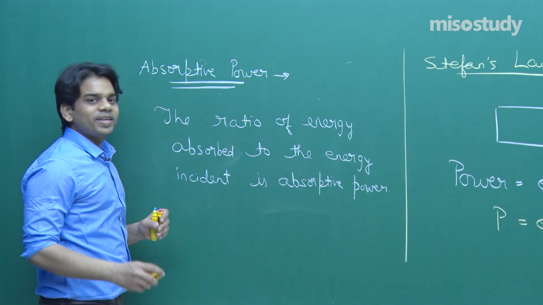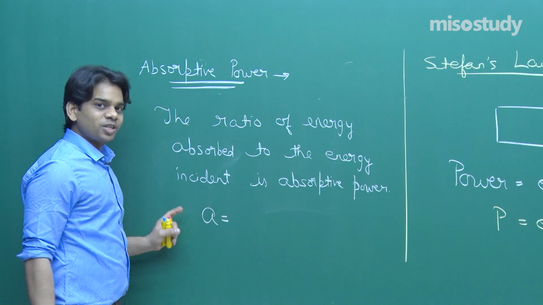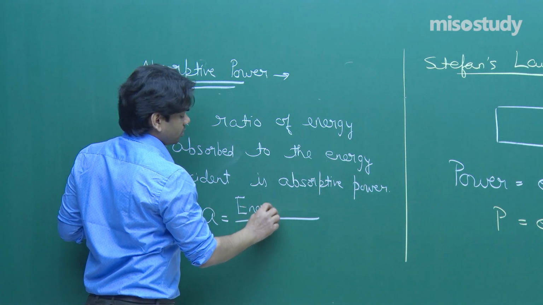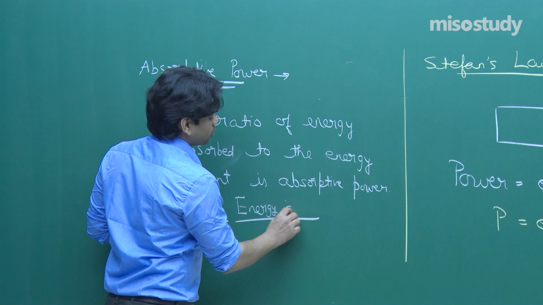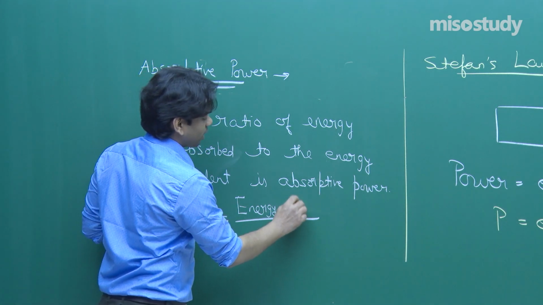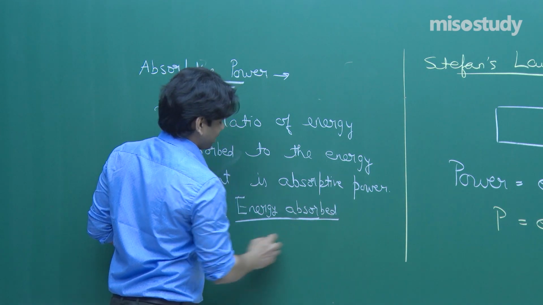Now, how to give the value? It is represented by the letter A. This is a ratio: energy absorbed divided by energy incident.